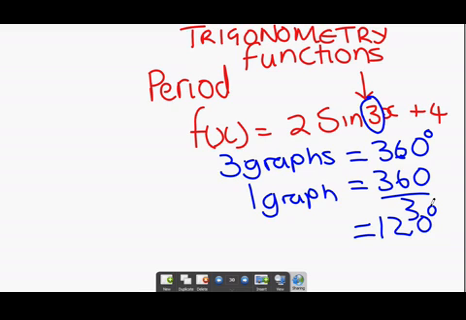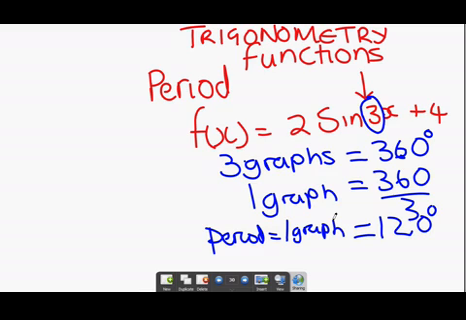Now if you look at that, this number then becomes the period. Period is for one graph. In this case, it's going to be equal to 120 degrees.